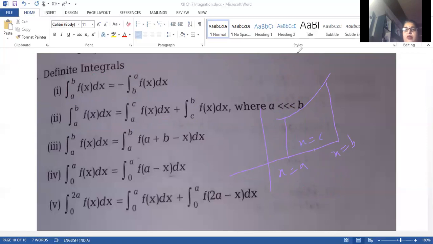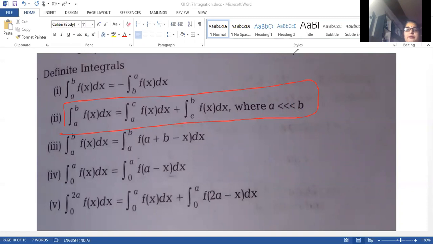Now we can divide this into two parts and integrate from x is equal to a to c, then from x is equal to c to b. It will give you the same thing. X from a to c gives this area, and x from c to b gives this area. Clear? That is all, nothing else. So you can do it this way also. This is again an important property.